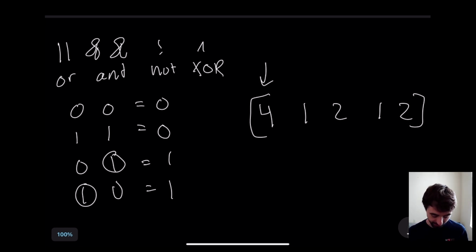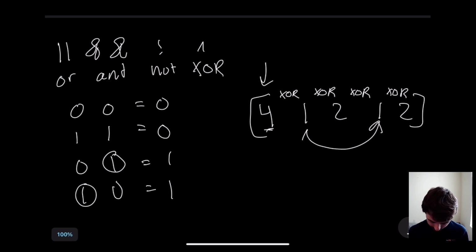But what I think is if we XOR all of these values together, like this, I think we end up with 4 is our solution. Why do I say that? Because when 1 and 1 get XOR'd together, we see here that that gives us 0.